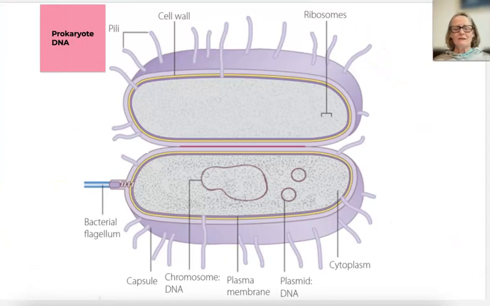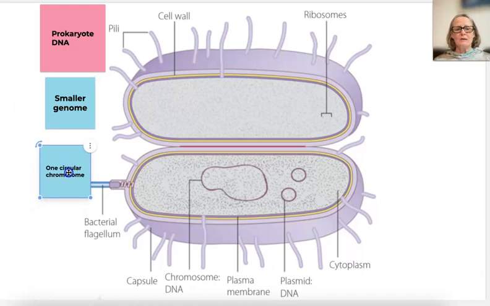So in prokaryotic cells, which is all bacteria, remember that prokaryote means without a nucleus, so you can't have DNA inside a nucleus because there isn't one. But thankfully, prokaryotic DNA is a much smaller entity. It's a much smaller genome. And you can see in this diagram that it's organized into just one large circular chromosome.